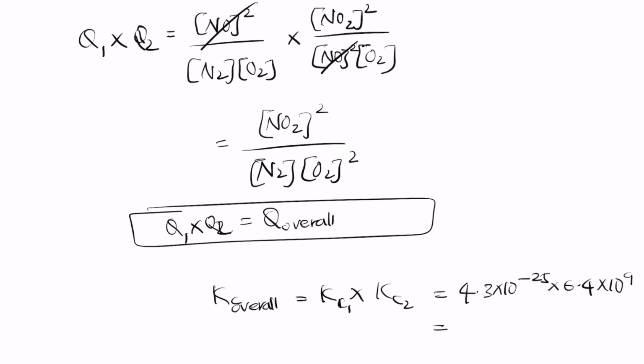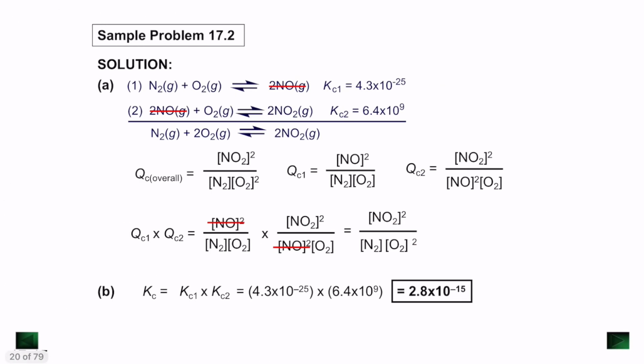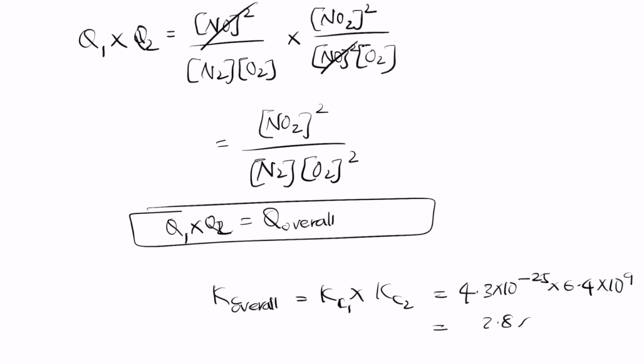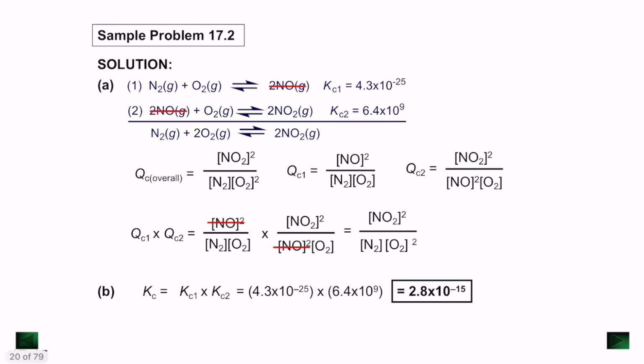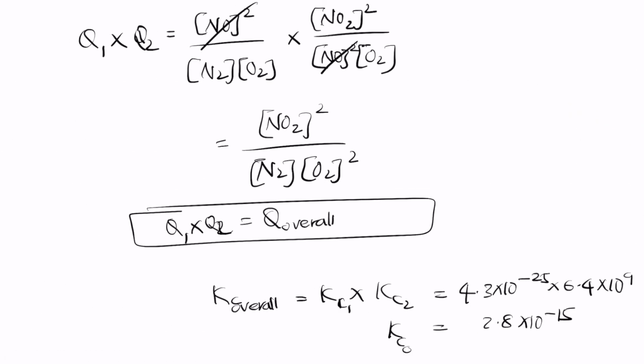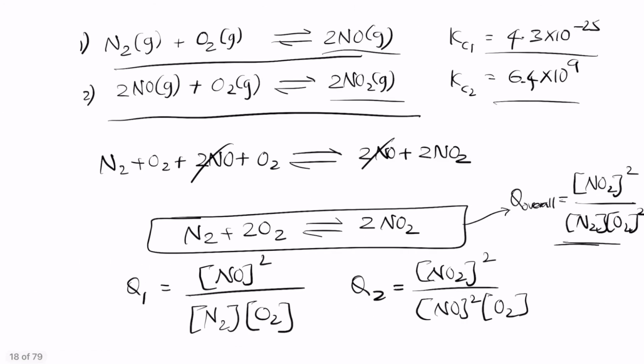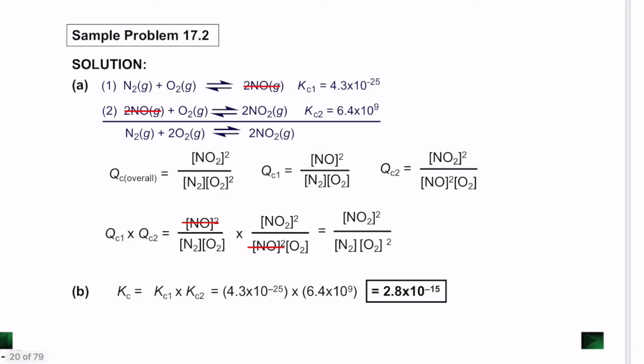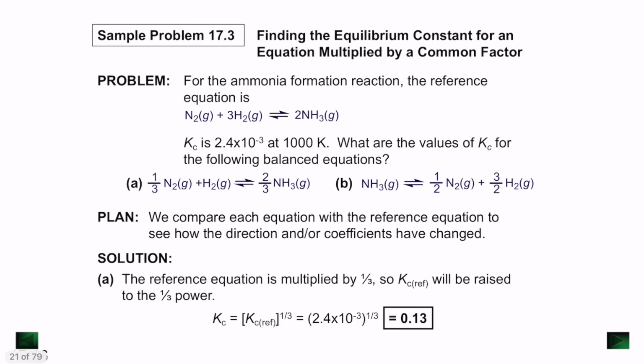So multiply both the values. So that gives you a final answer of 2.8 times 10 to the power negative 15. So this is the Kc overall value, the equilibrium constant for the combined reaction. So this is how you can solve the problem.